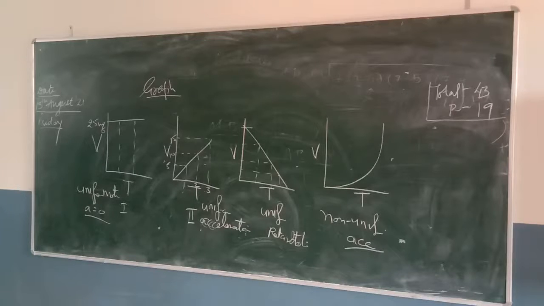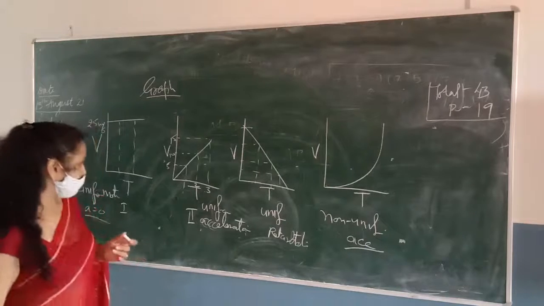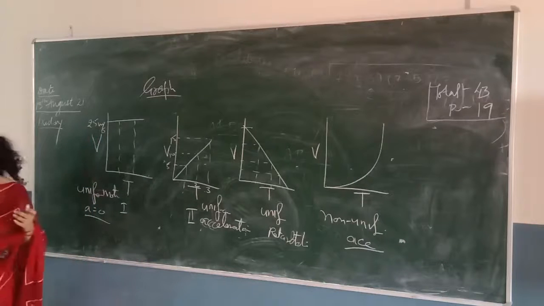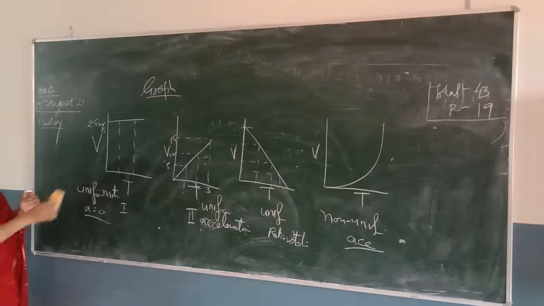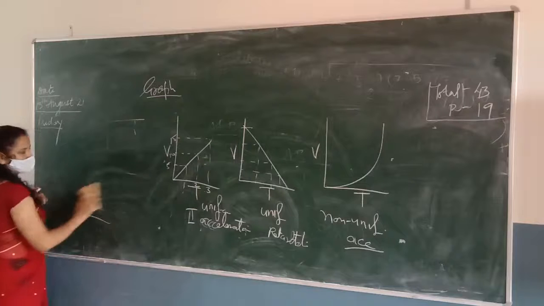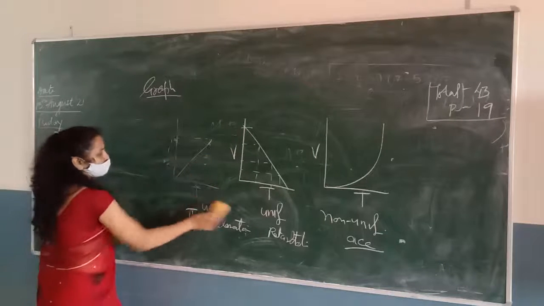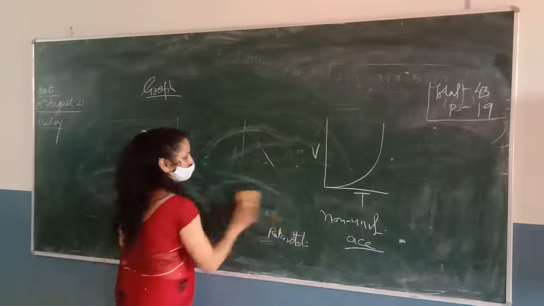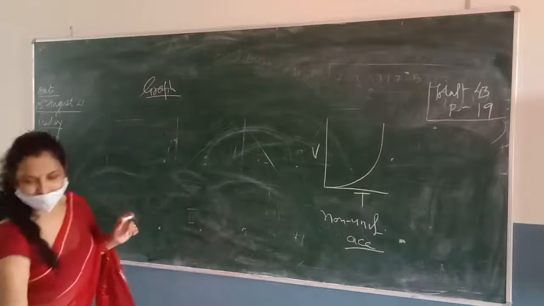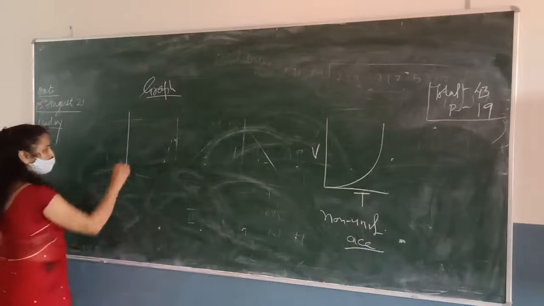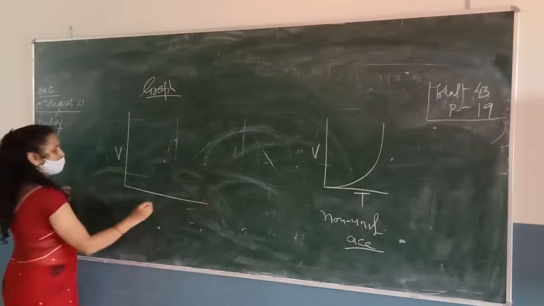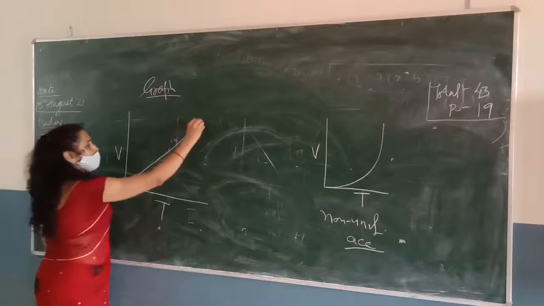Okay. Now if you want to calculate acceleration by using the velocity time graph, again, please draw this graph with me. Velocity and time, velocity time graph like this.